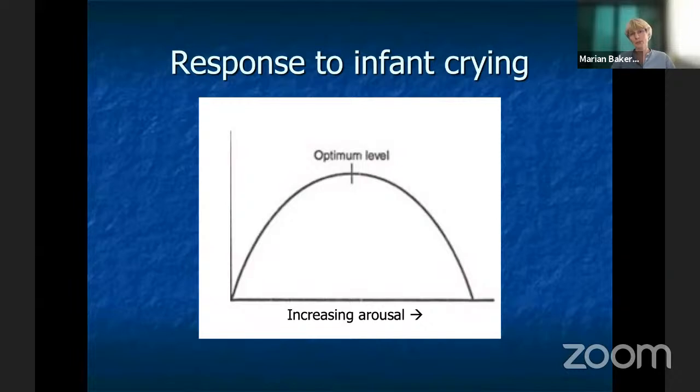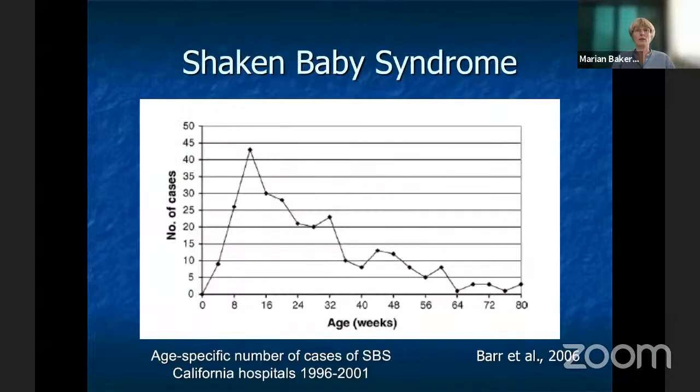So in the response to infant crying, the optimum level of adults is in the middle, not too much, not too little. And that's also demonstrated here. This is a graph of the prevalence of shaken baby syndrome in California hospitals. And you see that the peak is at around 12 weeks.